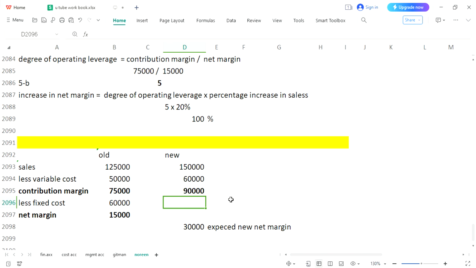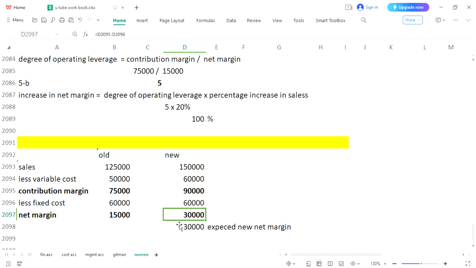Fixed cost will remain the same, either you are selling 125 or 150. So 60,000 would be your fixed cost. Now new net margin can be calculated. Your contribution margin is 90,000. You subtract fixed cost and you have got your new net margin, 30,000.